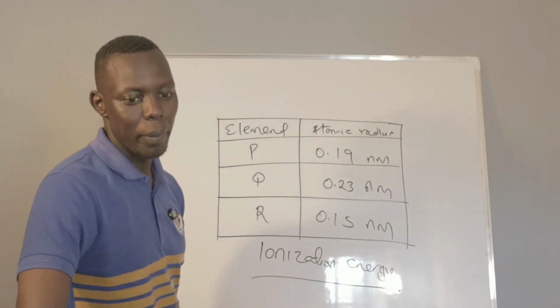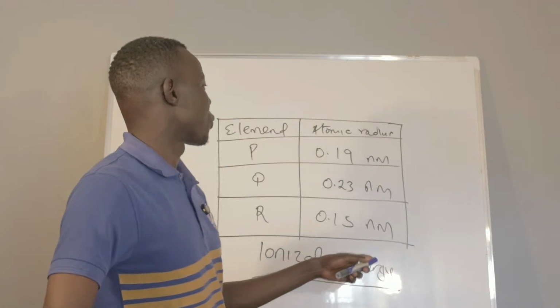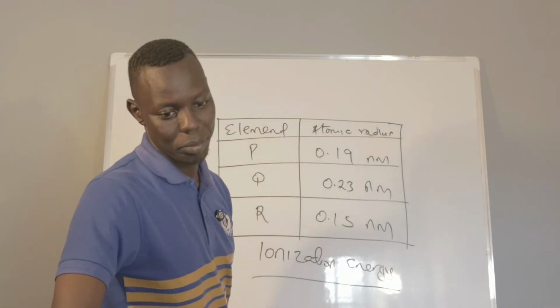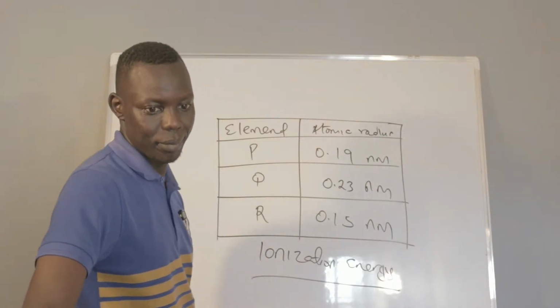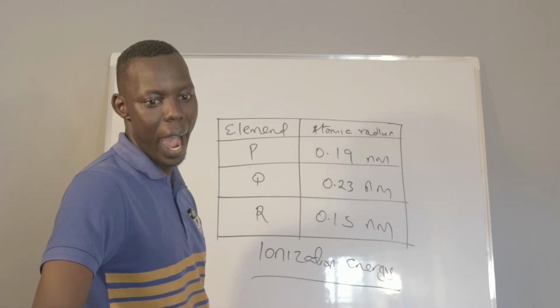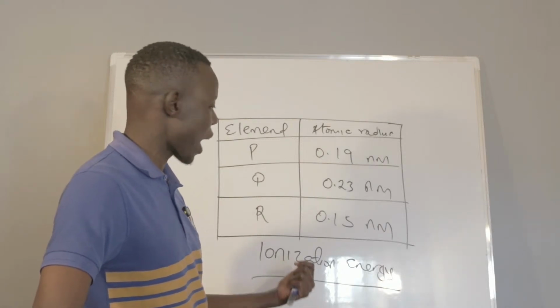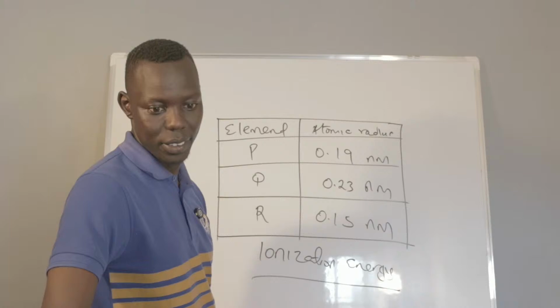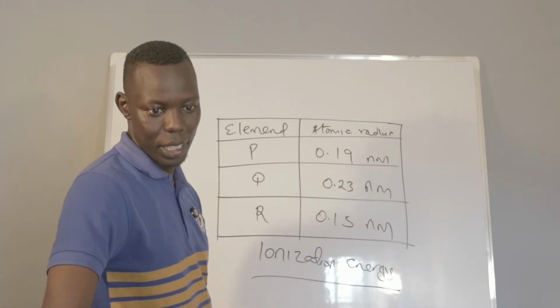First of all, if they start by questioning about ionization energy, you will know these are metals. P, Q, R. Which one has the highest ionization energy?